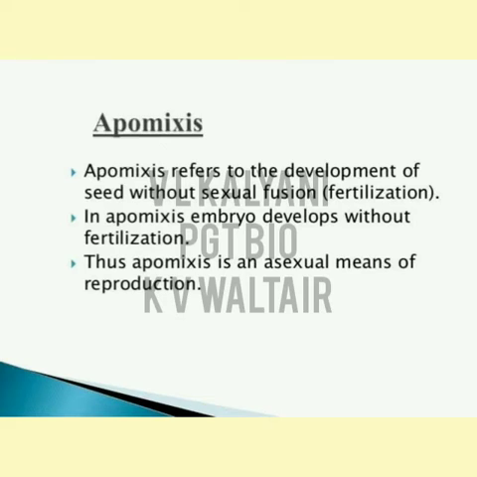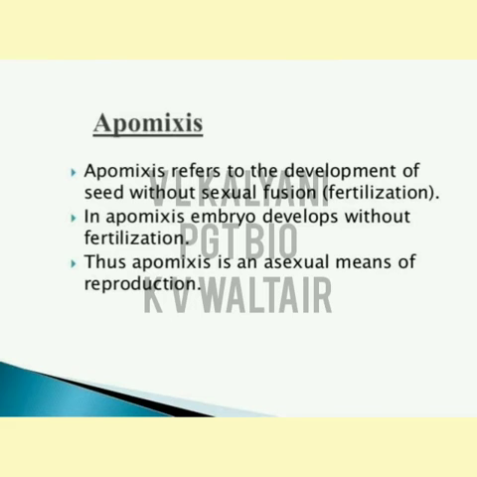Without fertilization means it is asexual reproduction, but the formation of seeds is a type of sexual reproduction. So this phenomenon imitates sexual reproduction in producing seeds, but functionally it is asexual reproduction, because the seeds are developed without fertilization.